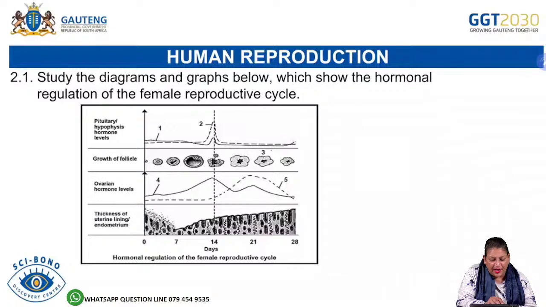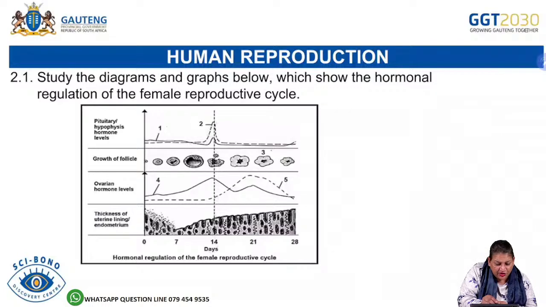Okay, that's number one. Number one is a solid line, and then number two is a dotted line. You're analyzing it. Oh, number two goes very, very high. It peaks on the 14th day. And from the content you learned, you know on the 14th day which hormone peaks from the pituitary. It's going to be LH.